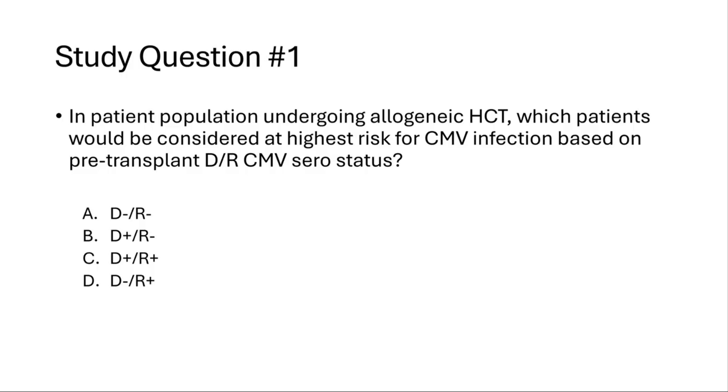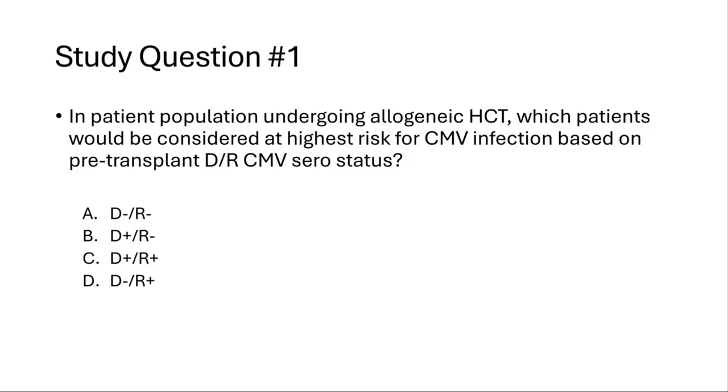So question number one, in patient population undergoing allogeneic hematopoietic stem cell transplant, which patients would be considered at highest risk for CMV infection based on pre-transplant donor recipient CMV serology status?